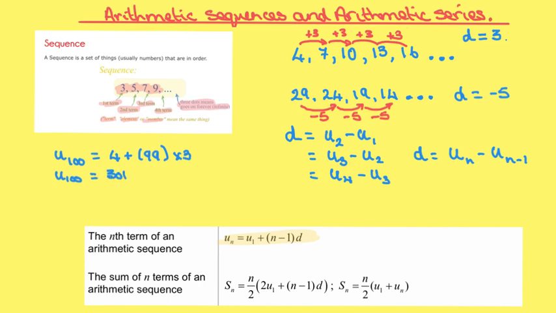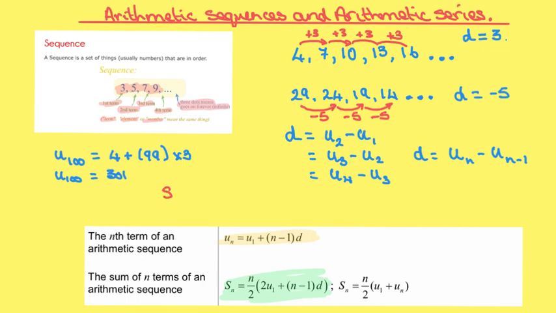You might also, in an exam, be asked to sum a certain amount of terms. If so, you can use this formula. You might be asked to sum the first 50 terms of the first sequence, 4, 7, 10, 13, 16.